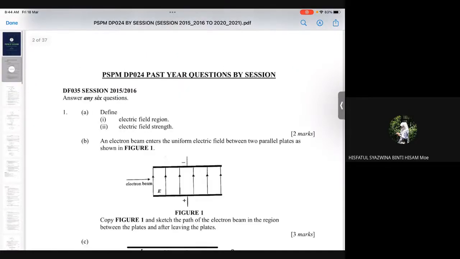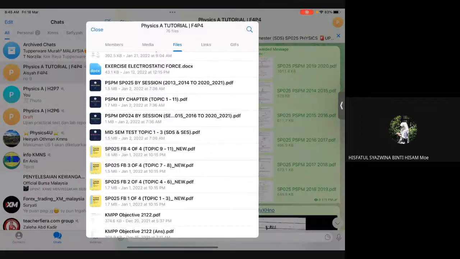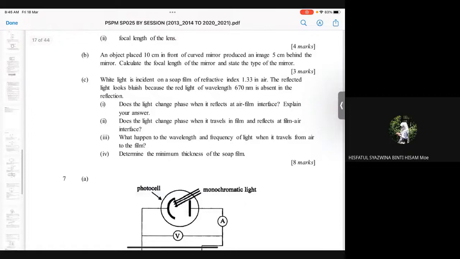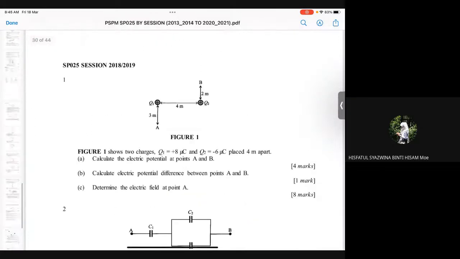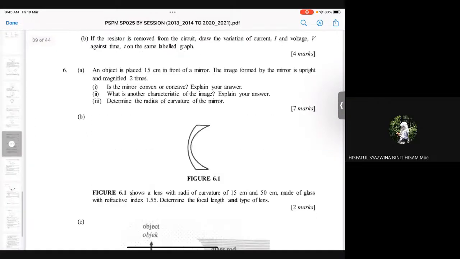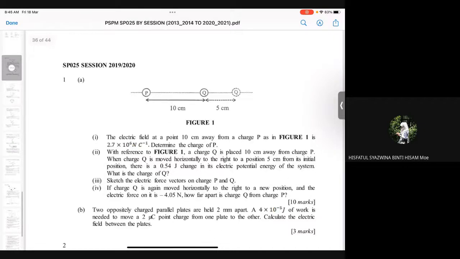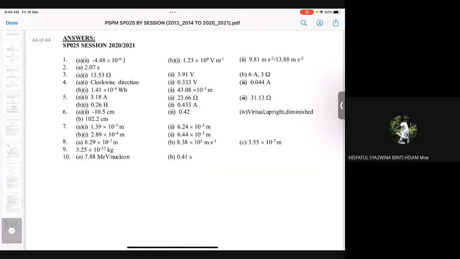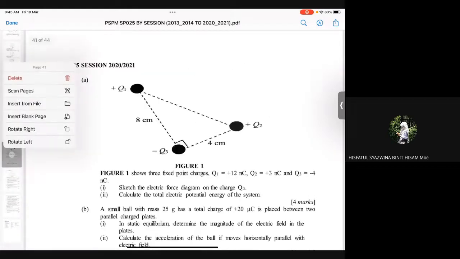Ni PDT ke semua ni? By session PSPM 2019 lagi. Okay. Jawapan nombor 5. Salah tu jawapan dia tu. Sekejap. Tu tak, ni ke 2020? Ni 2020, okey.